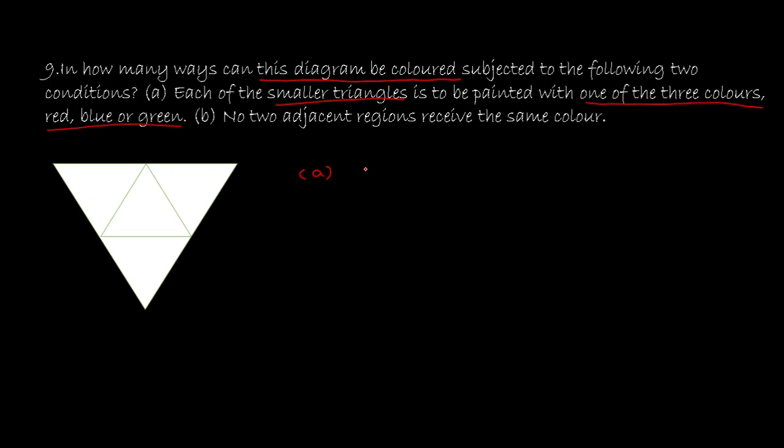For part A, the given diagram can be colored as follows. For the first triangle, we can choose three colors: red, blue, or green.